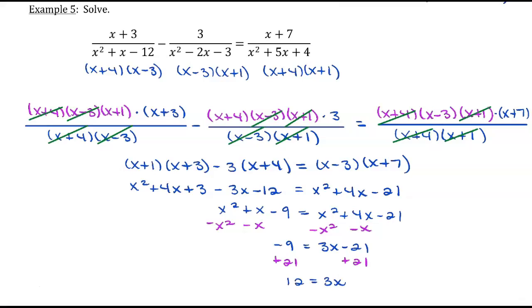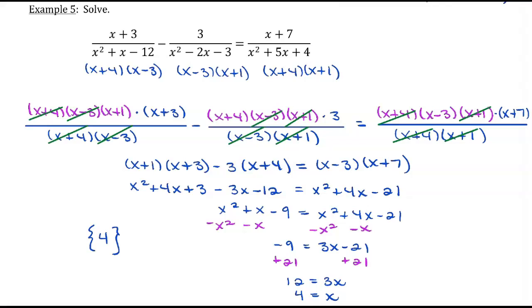And dividing both sides by 3, we find that x is equal to 4. Now let's double check our solution. Look at the original denominators. Substituting 4 for x in each of those factors will not produce a 0, so 4 is in fact a solution. This equation has one solution, positive 4.